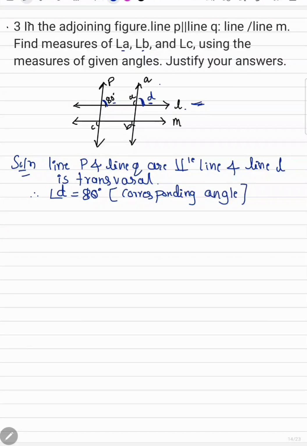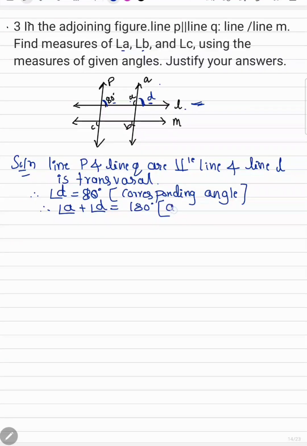Then we find angle A. It is a 180 degree straight line, an angle of a linear pair. Therefore angle A plus angle D is 180 degrees.